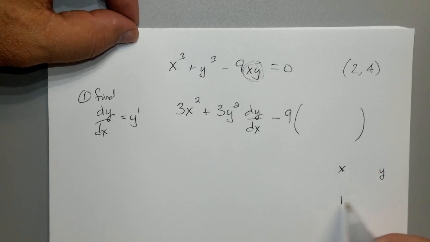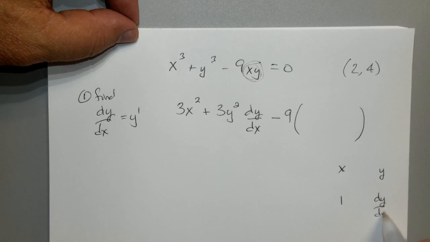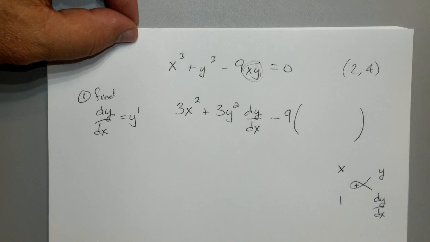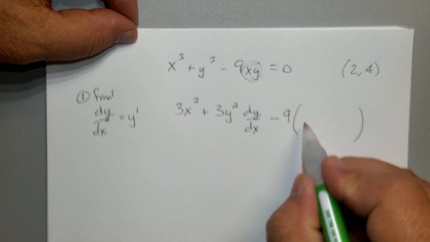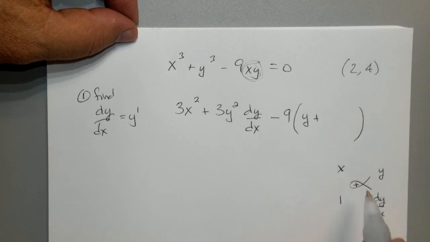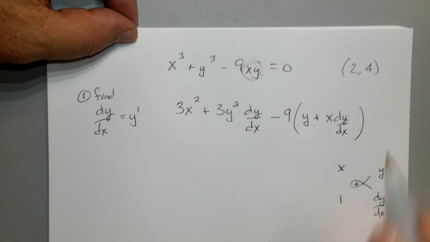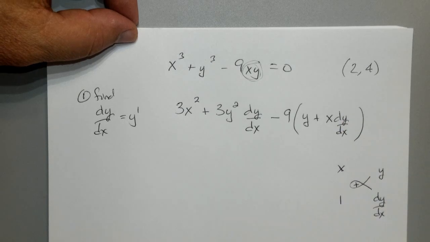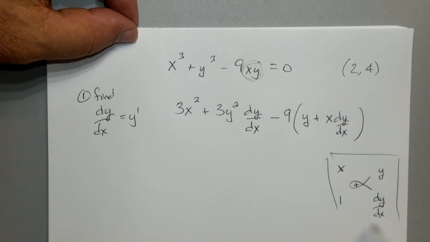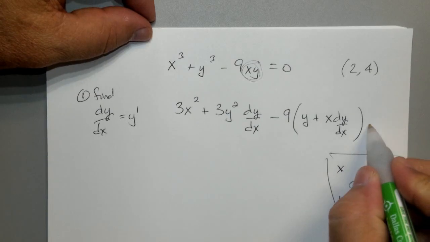Derivative of x is 1, derivative of y is dy/dx, with a plus between there. So it's y plus x dy/dx equals 0.